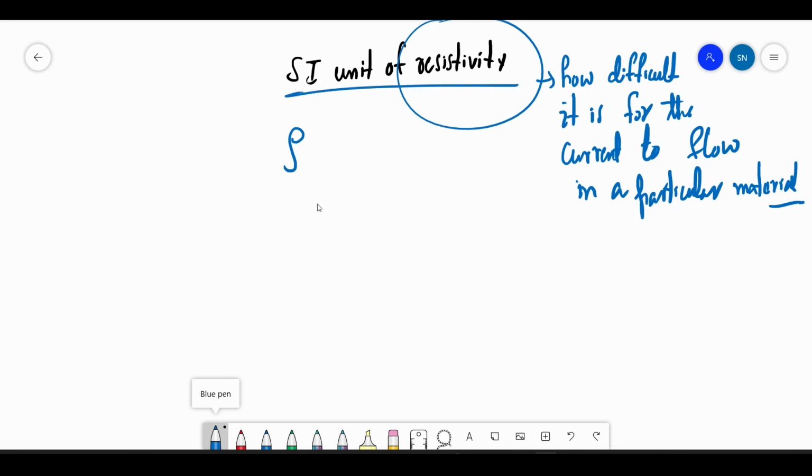Now, in order to find the SI unit of resistivity, like I have told you before as well, in order to find the unit of any quantity, just check in which equation this quantity lies. Do you know in which equation rho lies? R is equal to rho L by A. Yes.